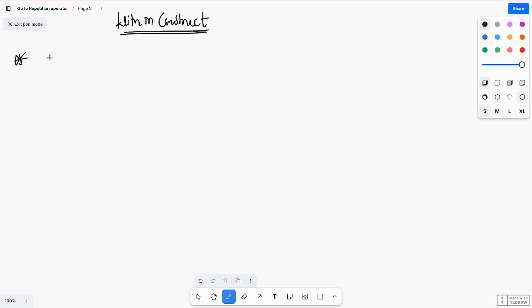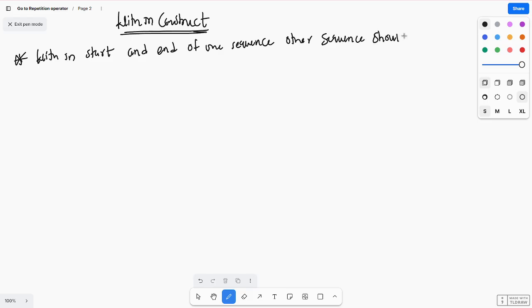So here I will write: within start and end of one sequence, the other sequence should start and end.